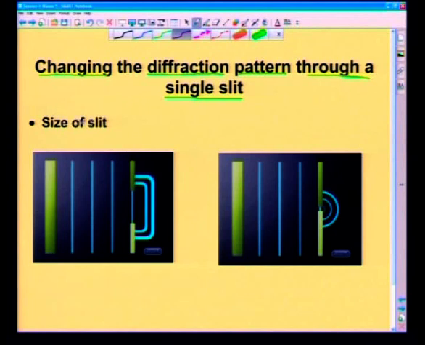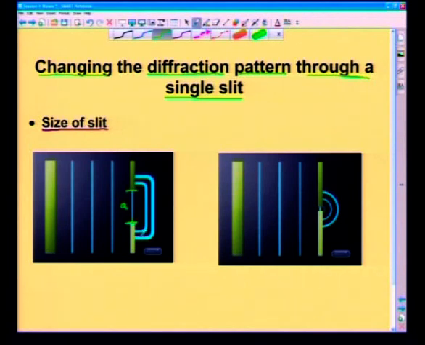Now, here we want to check what happens when the size of the slit is changing. Here we have got a much bigger size of the slit, and the slit size is denoted by small letter a.